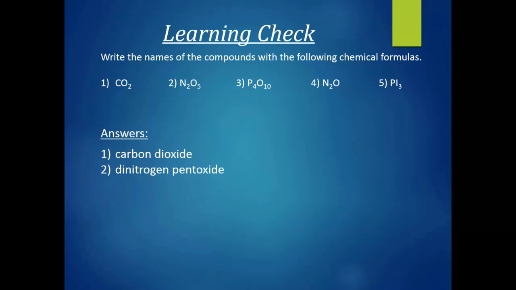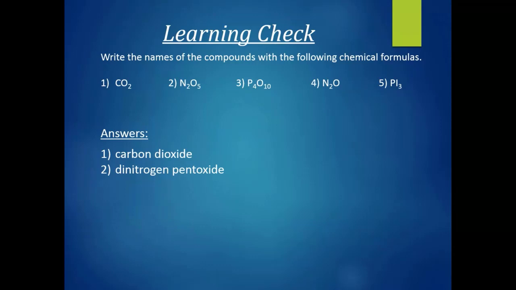Sorry. Oh, no, it's no problem. Do you want to try and answer number 3? What do you think? What would 10 be? So P4. So the prefix would be. I can't think of what the prefix is.